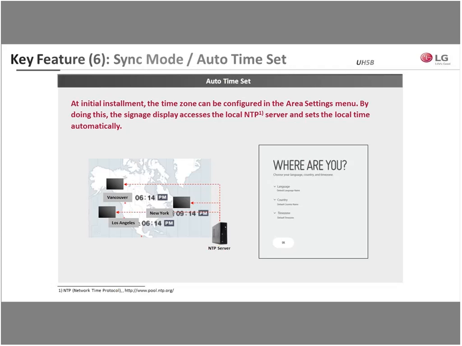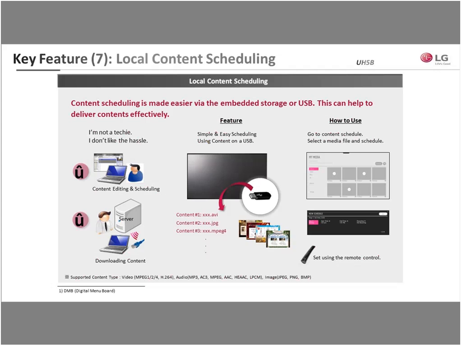All right, last but certainly not least, the local content scheduling. I've mentioned already that you're able to distribute content wirelessly and wired, and you're also able to schedule content, let's say schedule a digital signage experience right there without even having to mess with any software at all.